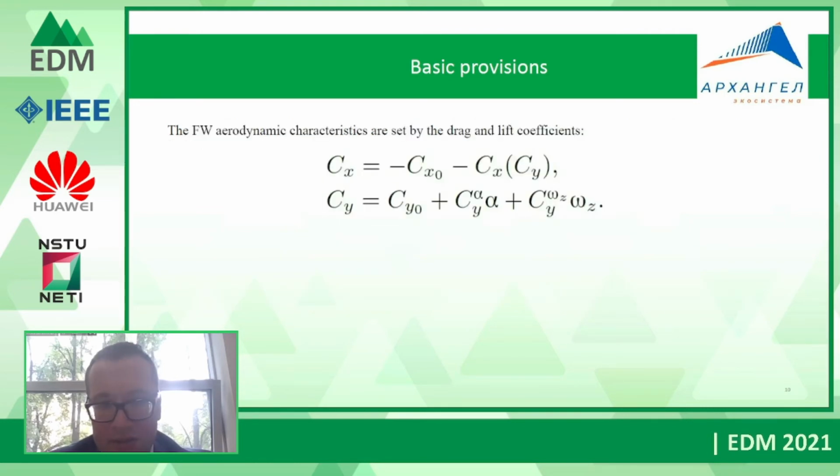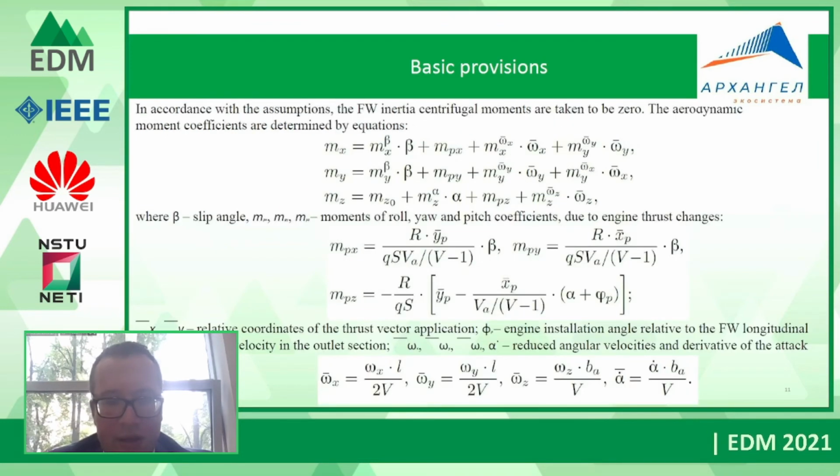And the most important thing to sustain in the air is the drag and lift coefficients. It's here. The next. And we could calculate the centrifugal moments, which we take as zero, and aerodynamic moments are determined by these equations.